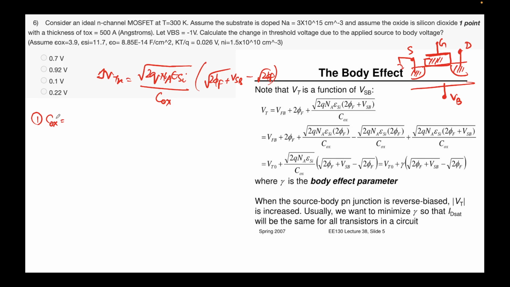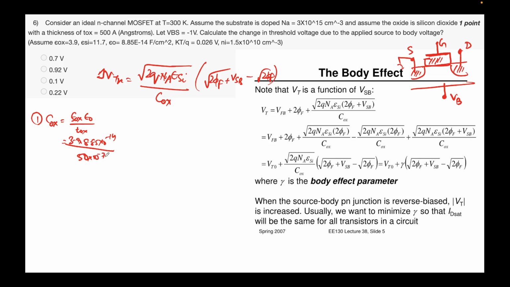so this is normalized by the way to area. So this will be epsilon ox and epsilon naught rather divided by Tox. Epsilon ox is given as 3.9, epsilon naught we know 8.85 10 to the power minus 14, and Tox has been given as 50 nanometers. 50 nanometers, we have to convert it to centimeters, so 50 into 10 to the power minus 7.